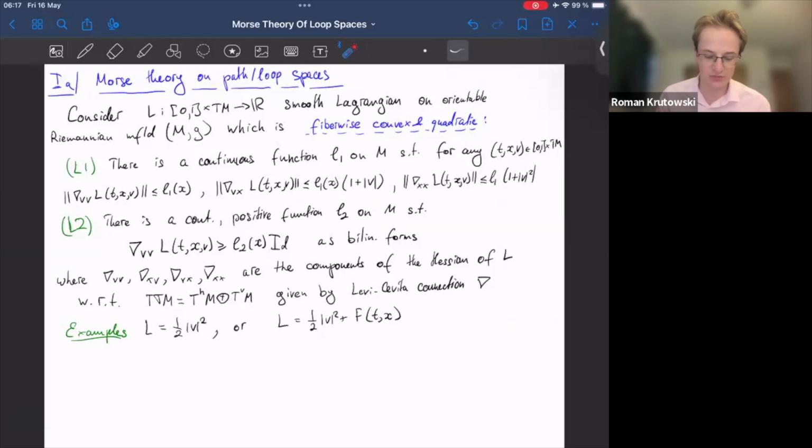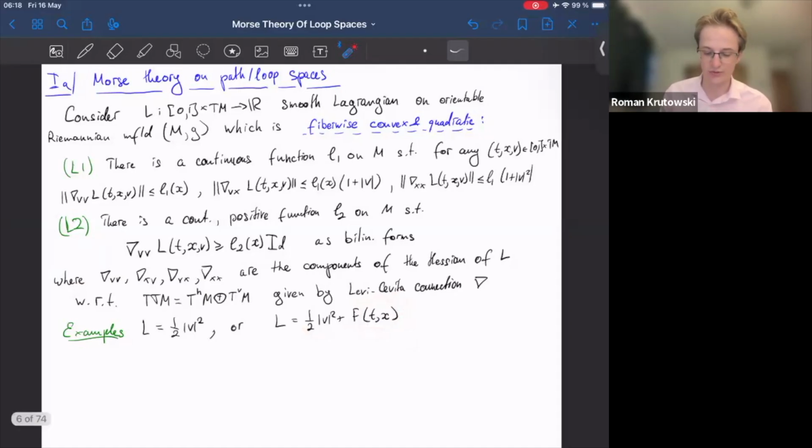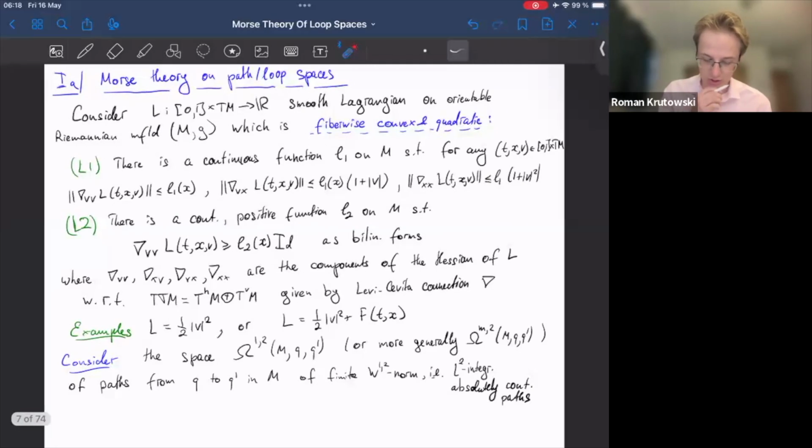So examples of such functions are, for instance, just half of norm squared, or one can perturb it, say, by some potential which does not depend on a vertical direction. And, well, there are others, but these are the kinds you may think about for the rest of this talk.